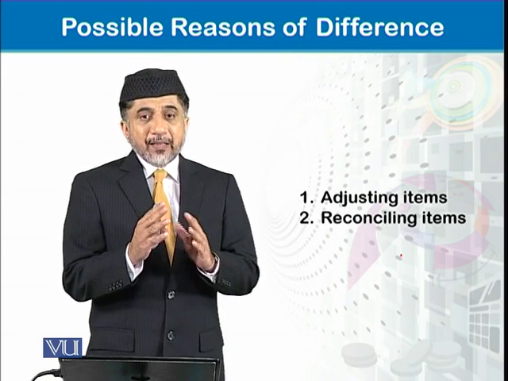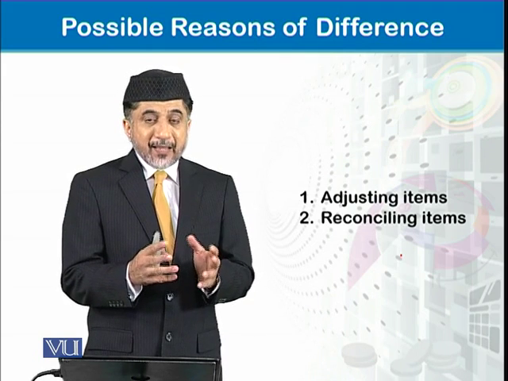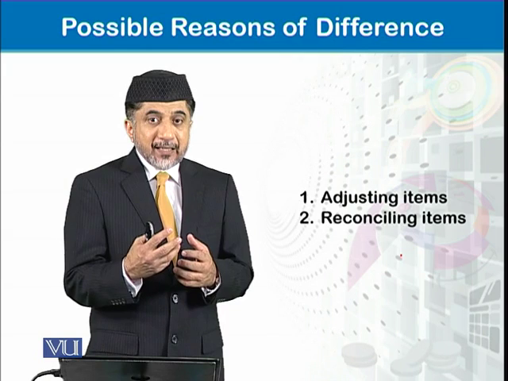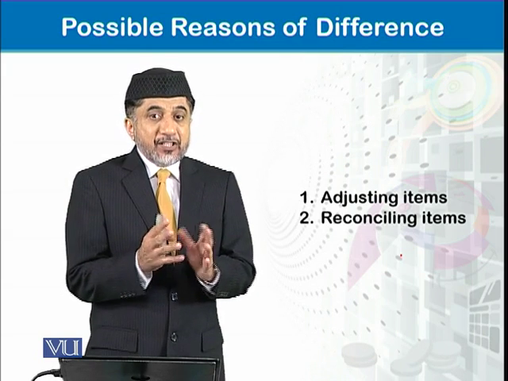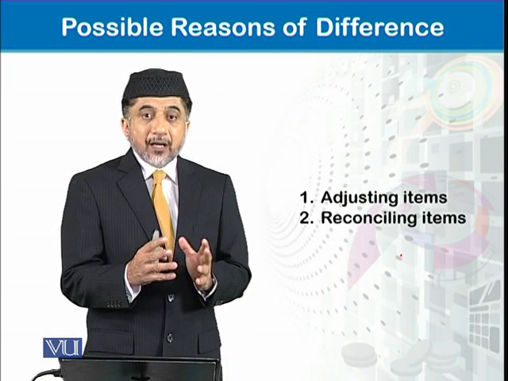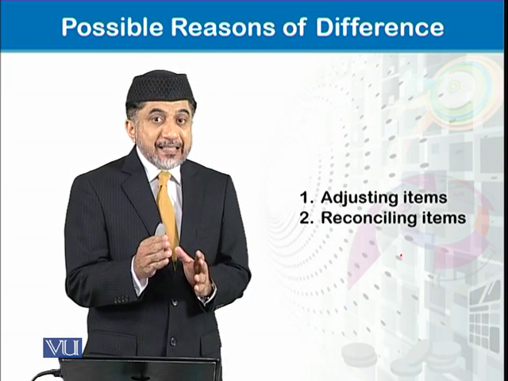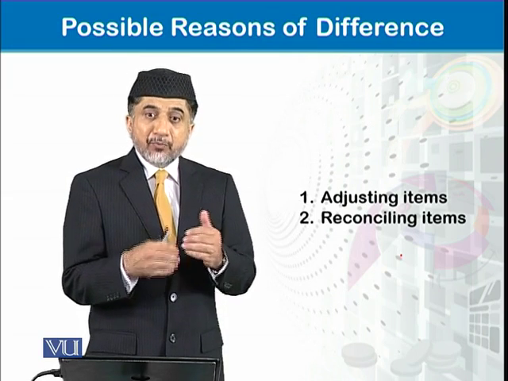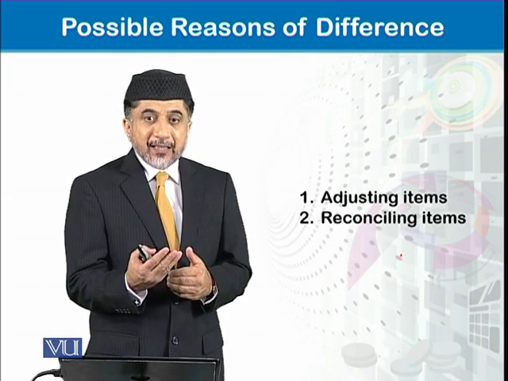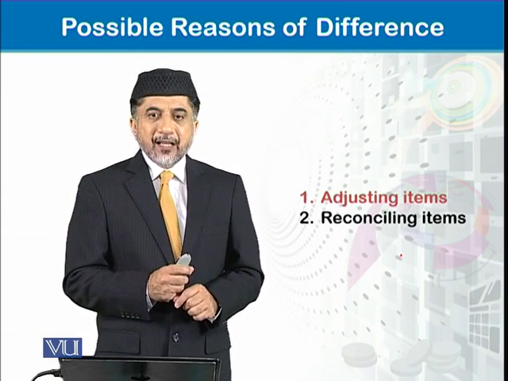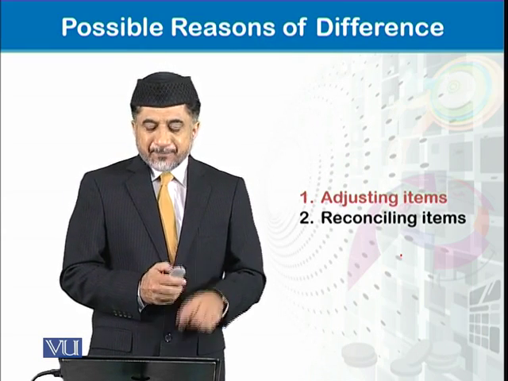So when the record that we have maintained needs some adjustments, we must know what are those reasons for which we have to make some adjustments in the already prepared cash book. Okay, so those are known as adjusting items.